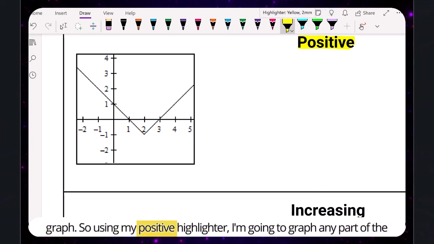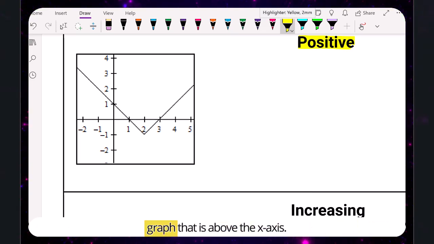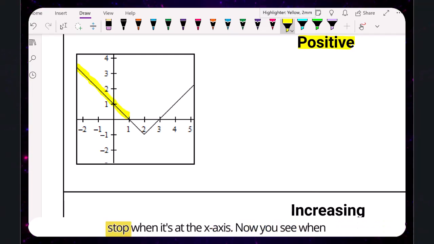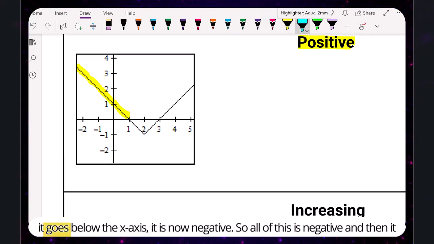So using my positive highlighter, I'm going to graph any part of the graph that is above the x-axis. So starting on the leftmost side, all of this is above the x-axis, and I'm going to stop when it's at the x-axis. Now you see, when it goes below the x-axis, it is now negative.